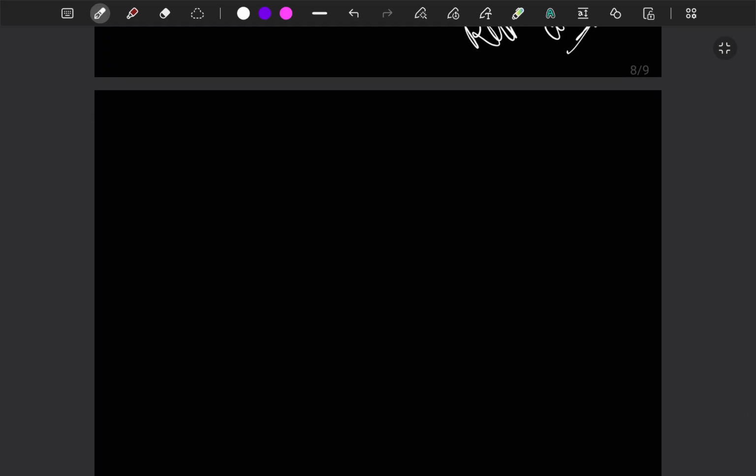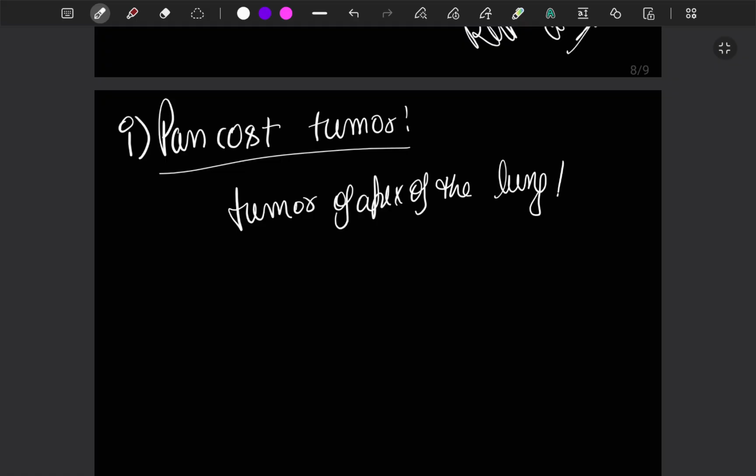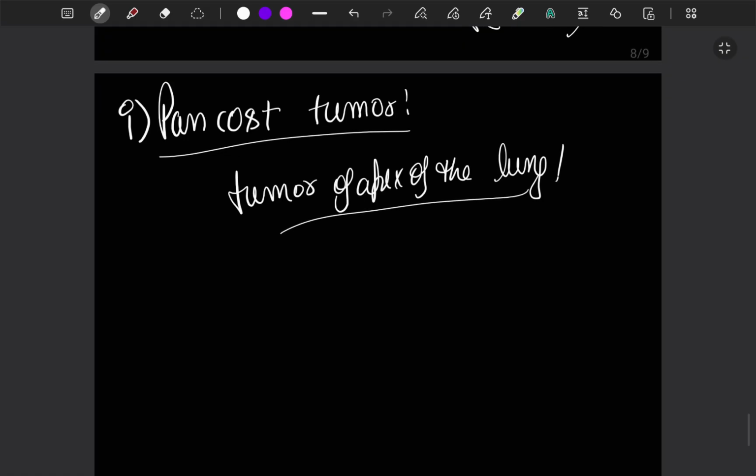Now let's talk about some clinical anatomy of lungs. First of all, there is something called Pancoast tumor. Okay. Now what is Pancoast tumor? It is the tumor of the apex of the lung. Typically we know whenever a tumor happens, it leads to compression of the structures surrounding that organ.